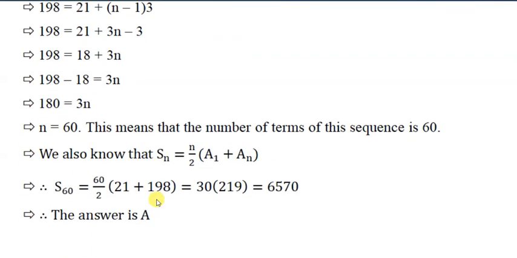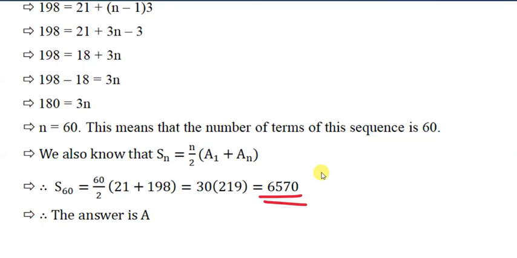And also we know that the sum of the first n terms of an arithmetic sequence is given by n over 2 times a1 plus an, and therefore replace all the variables, in this case n, a1 and an, which is here n is 60 divided by 2, times 21 plus 198, and then we will get this sum.